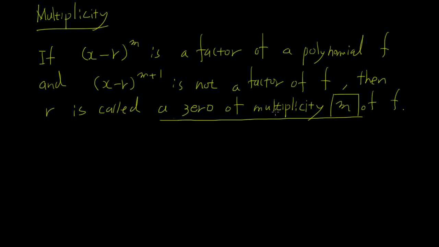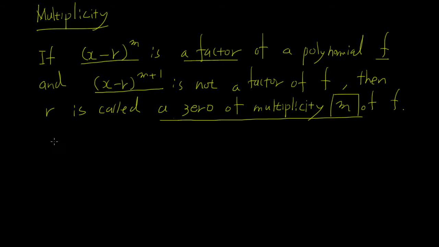And they say this (x minus r) to the m is a factor of a polynomial f, but (x minus r) to the m plus 1 should not be a factor.